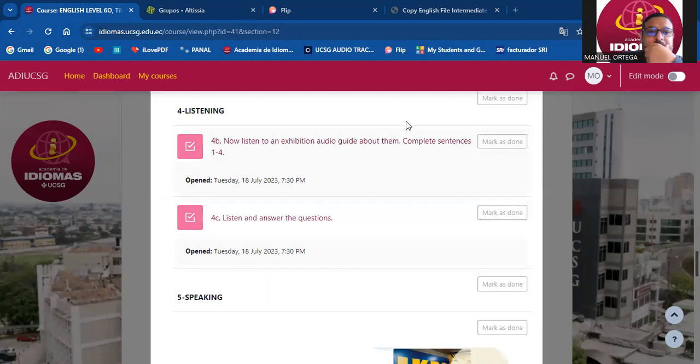In listening, we have the following activity. Let's begin on activity 4B. Now listen to an exhibition audio guide about them. Complete sentences.